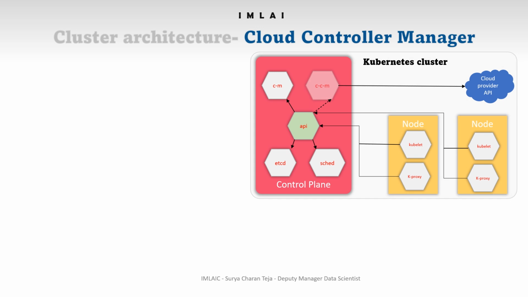By decoupling the interoperability logic between Kubernetes and the underlying cloud infrastructure, the Cloud Controller Manager enables cloud providers to release features at a different pace compared to the main Kubernetes project.